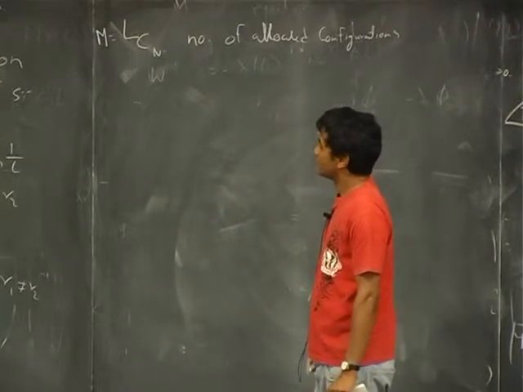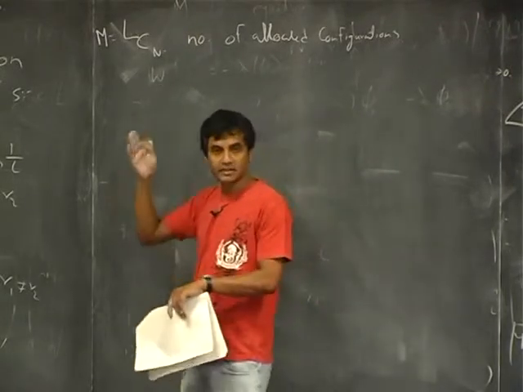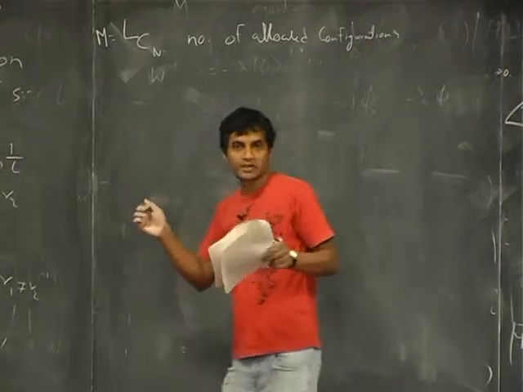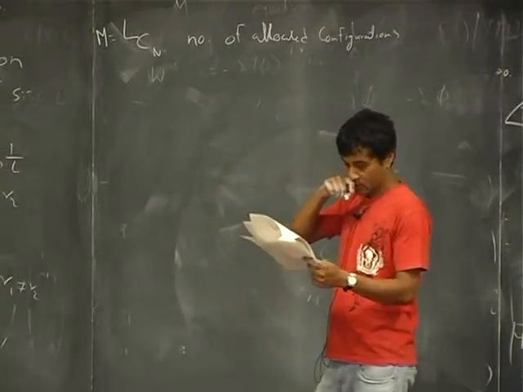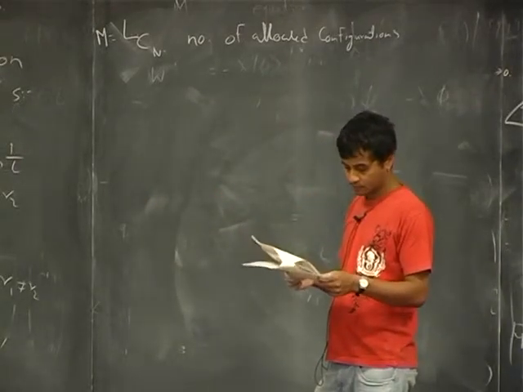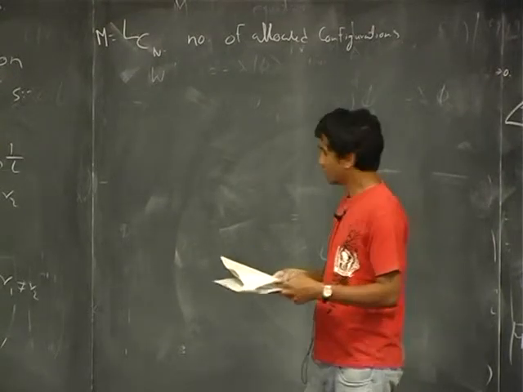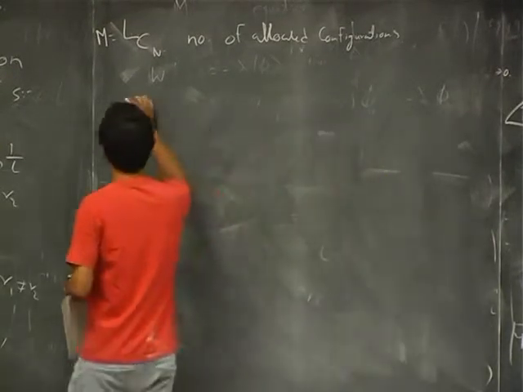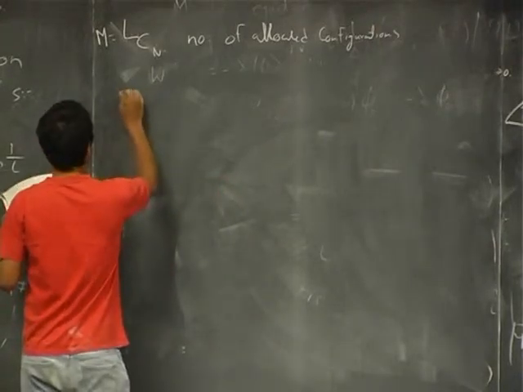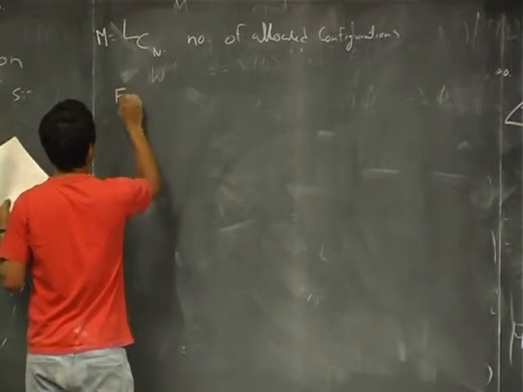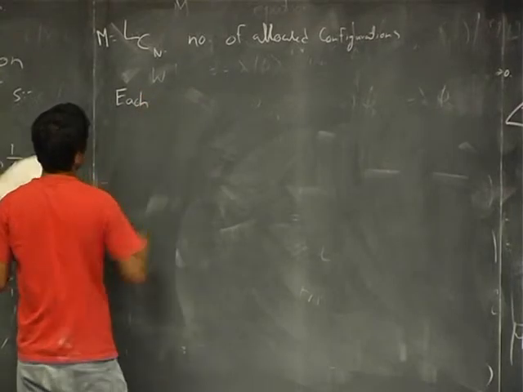Now my probability vector has this dimension, and I have to write some matrix in this space. First I have to specify the microstates. You can do it in various ways.